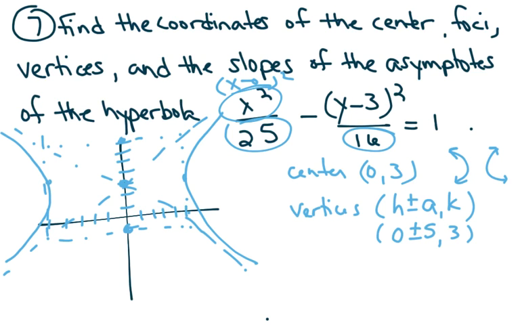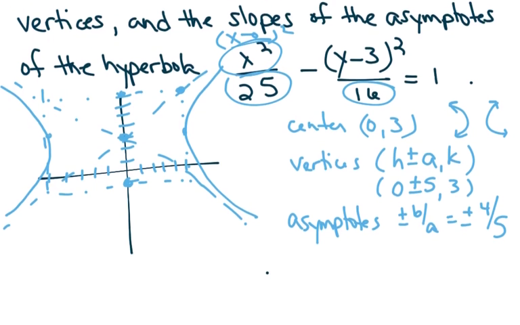According to the definition, for hyperbolas that open left and right, the slopes of the asymptotes are plus or minus b over a. Well, b is 4, not 16, and a is 5. So those are the slopes of the asymptotes. And if you're not sure, come back to the picture here: you go up 4 and to the right 5 to get to the next point on the asymptote line.